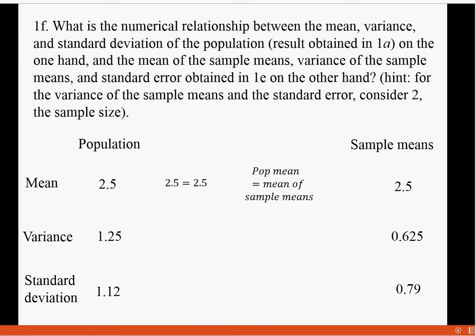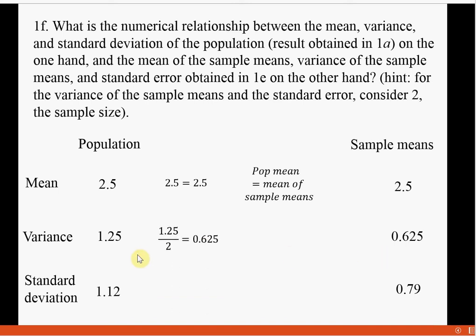Now variance. Population variance is 1.25. The variance of the sample means is 0.625. How do you establish a numerical relationship between these two values? Well, if you use the variance of the population divided by 2, you would obtain 0.625.